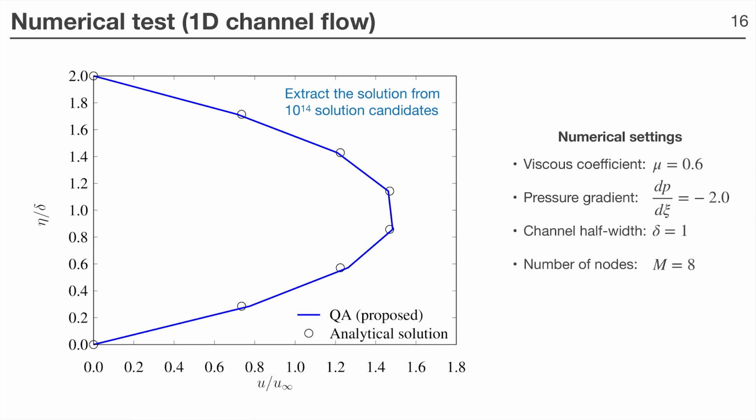We just succeeded in extracting a solution from the 10 to the 14th power solution candidates. Unfortunately, we cannot do that in a large scale computation yet. But this is another first step to obtain the flow solution using quantum annealing.